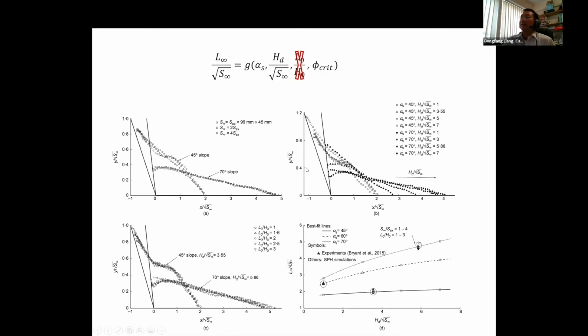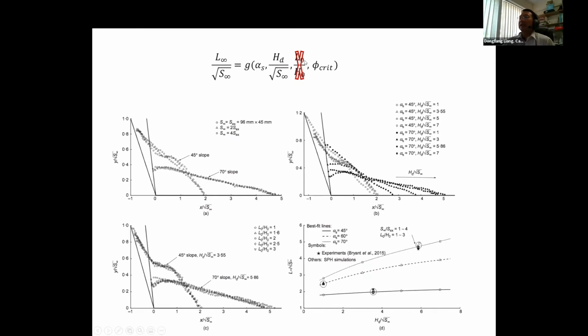The most important conclusion after the parametric studies is that the non-dimensional runout distance, when normalized by the square root of the area of the soil column, depends on the angle of the slope, the height of the drop, and also the internal friction angle.